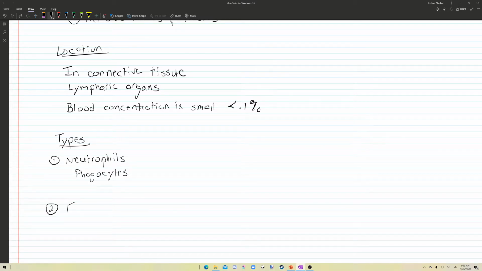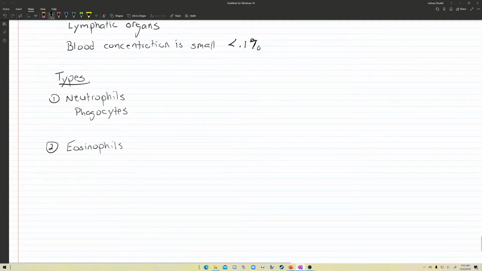Two, we have the eosinophils. These are also phagocytes, and they have a lot of histamine in them. A lot of times they're responsible for our allergic reactions.